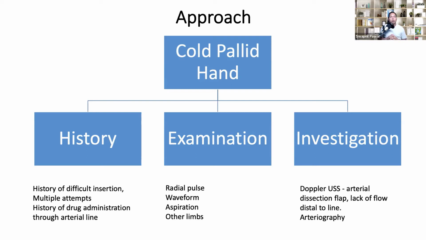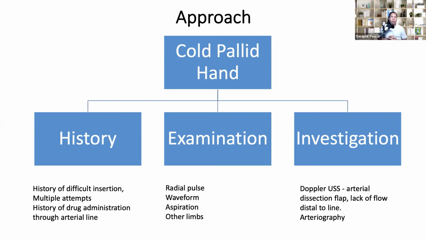Also look at whether the radial arterial line is flushing, is it aspirating, and that will give you some idea whether there is any blockage of the radial arterial line.